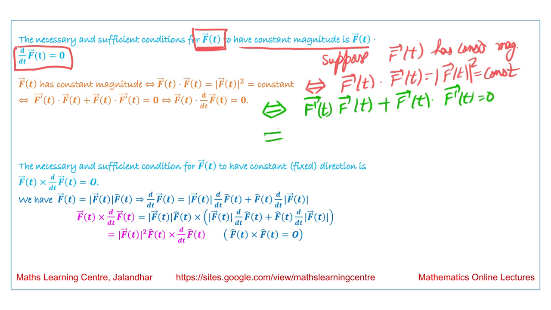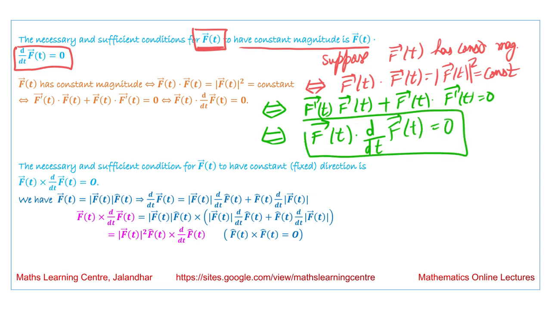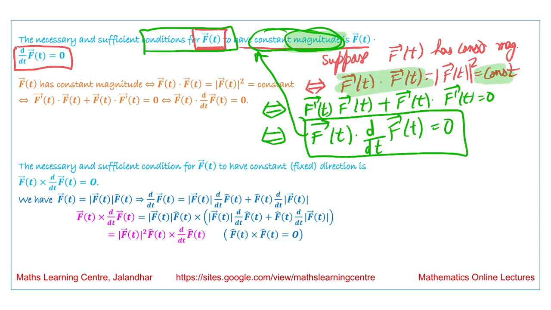So this is equivalent to f vector t dot d by dt of f vector t equal to 0, and this is the condition we are stating here, the necessary and sufficient condition for f vector t to have constant magnitude. It is important that we are talking about constant magnitude, so their dot product is equal to a constant.